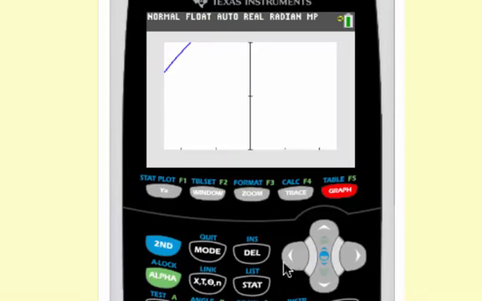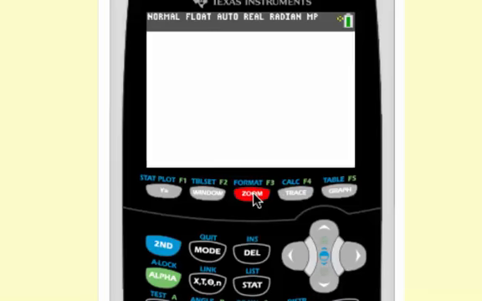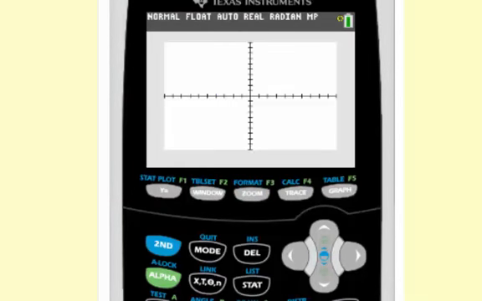So my zoom's off a little bit. I'm going to go back to standard zoom. So I'm going to do a zoom 6. There's the f of x.